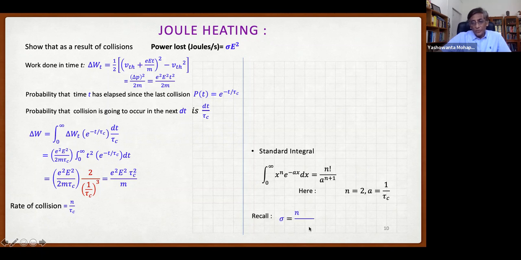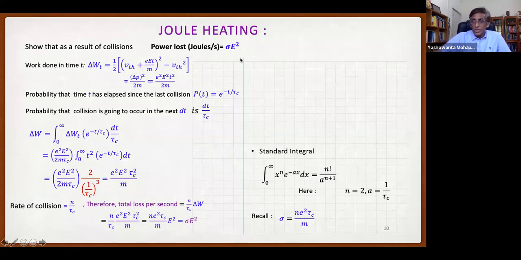Recall that we just calculated that n e squared tau c by m is sigma, and hence I just multiply this delta W by the rate and identify sigma here, n e squared tau c by m, and that indeed gives sigma E squared. So the power lost in joules per second is sigma E squared. If I multiply by volume, then I times V, I squared R.